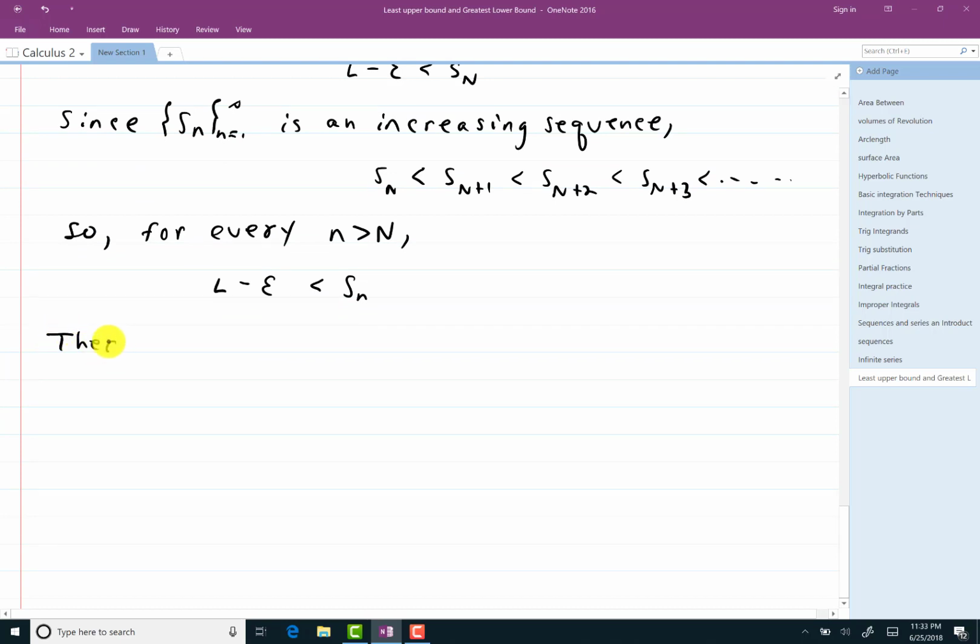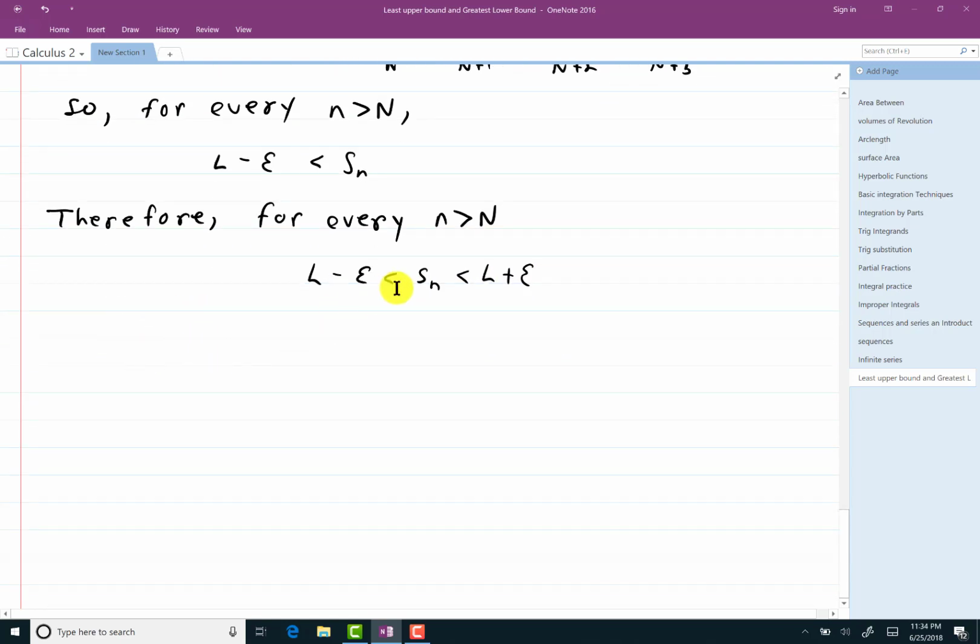Therefore, this is the final step here. For every little n greater than capital N, I have L minus epsilon is less than S sub n is less than L plus epsilon. Here, I needed a certain size of N to ensure this part of it, but this other side was guaranteed.